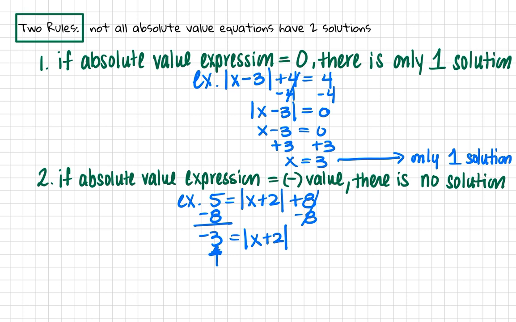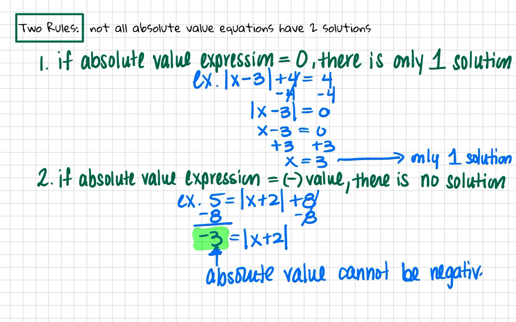Now, because this is negative, I will highlight the negative part. This is negative. I know that the absolute value cannot be that way. Therefore, there's no solution. And I'll highlight that as well.